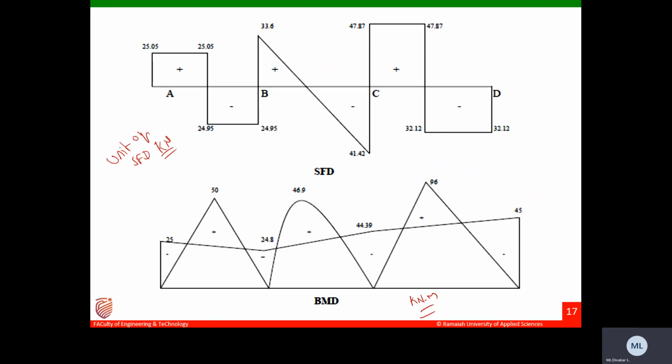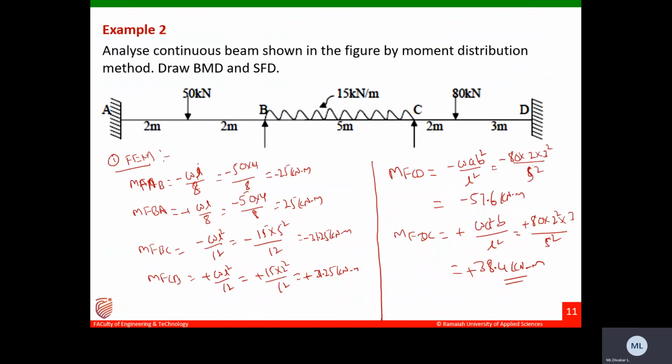So guys, as said earlier, what are your steps? Whatever the given problem is, your first step is to find the fixed end moment for the respective spans, like MF of AB, MF of BC.